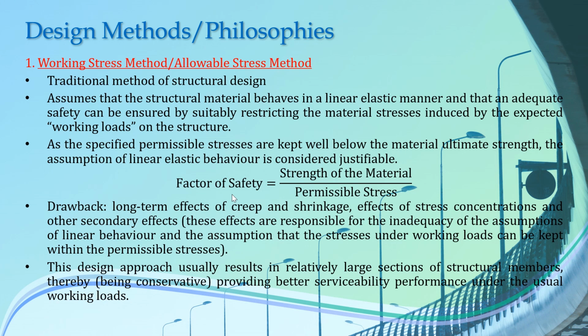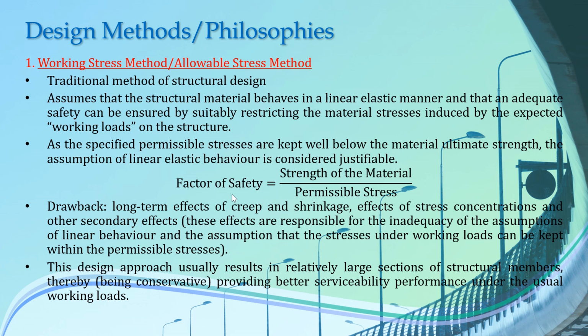Now let's go to the design methods or design philosophies. So we saw in our previous slide that the primary objective or the primary purpose of a structural design is to create a safe and functional system. And in creating a safe system, in the course of time, various design philosophies have been adopted at various points of time.